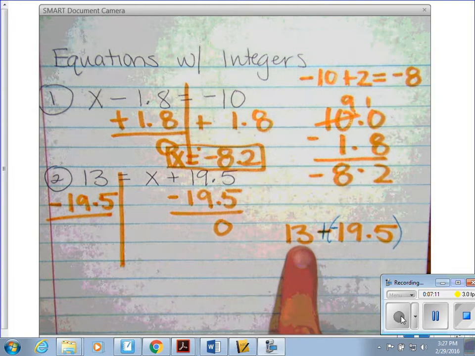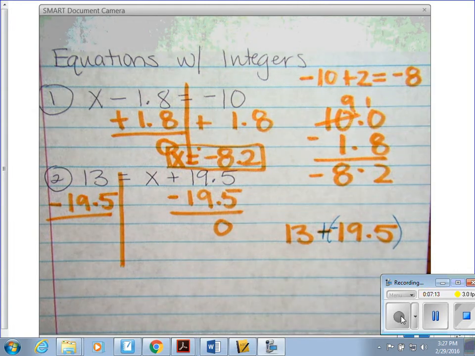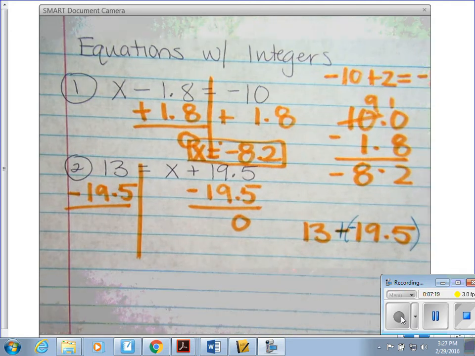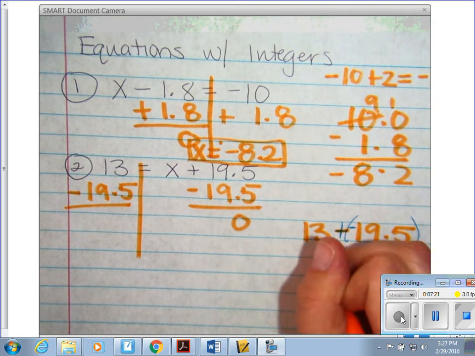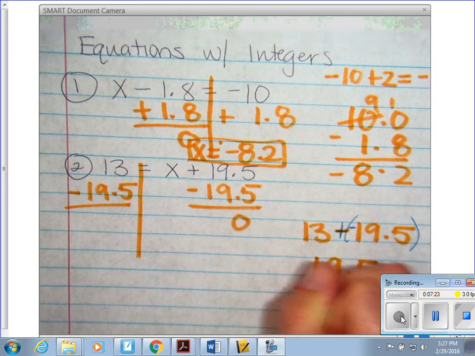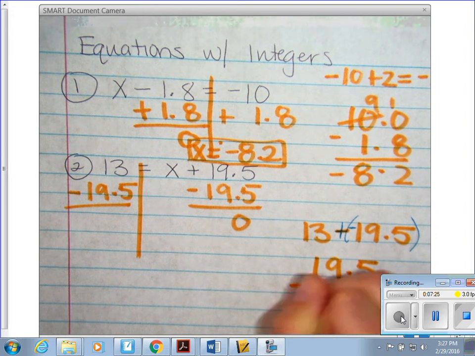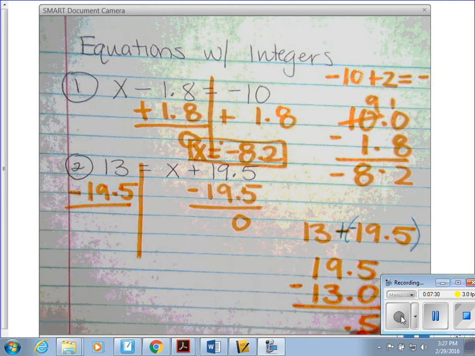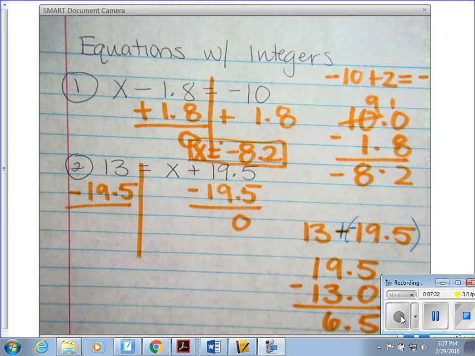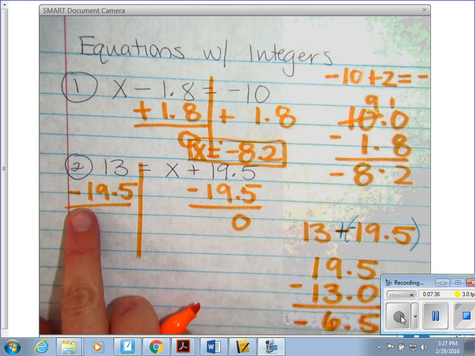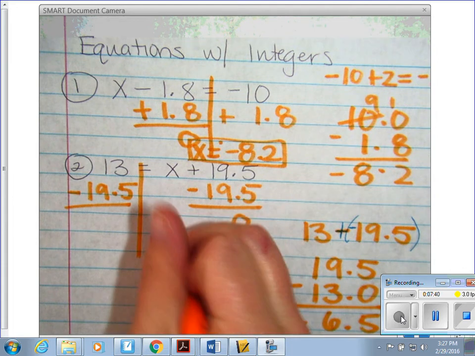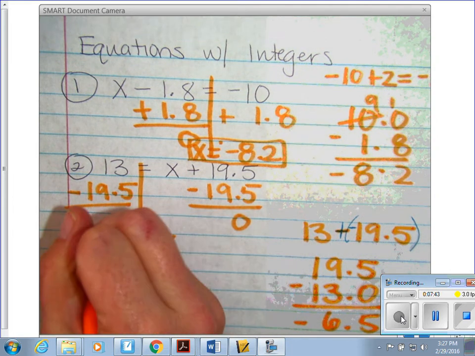So this is the same as saying 13 plus negative 19.5. Same signs, add and keep, different signs subtract. So we're going to take 19.5 and subtract 13, and we're going to keep the negative sign because negative 19.5 is further away from 0. So in this case, x is equal to negative 6.5.